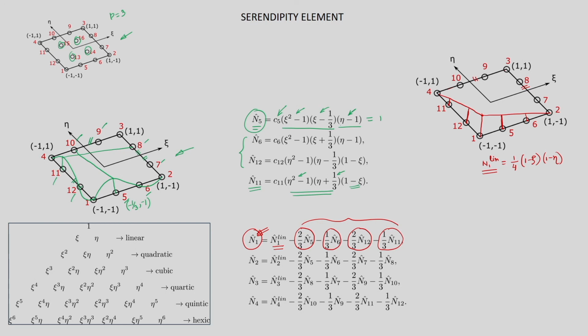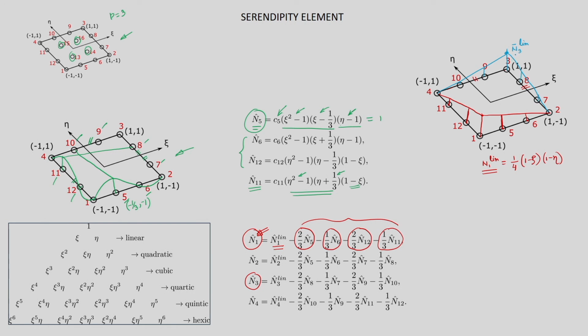Fine. Now, let us look at N3. How do we construct N3? Again we will take N3 linear, which varies like this. N3 linear is 2/3 here and 1/3 here, similarly 2/3 here and 1/3 here.